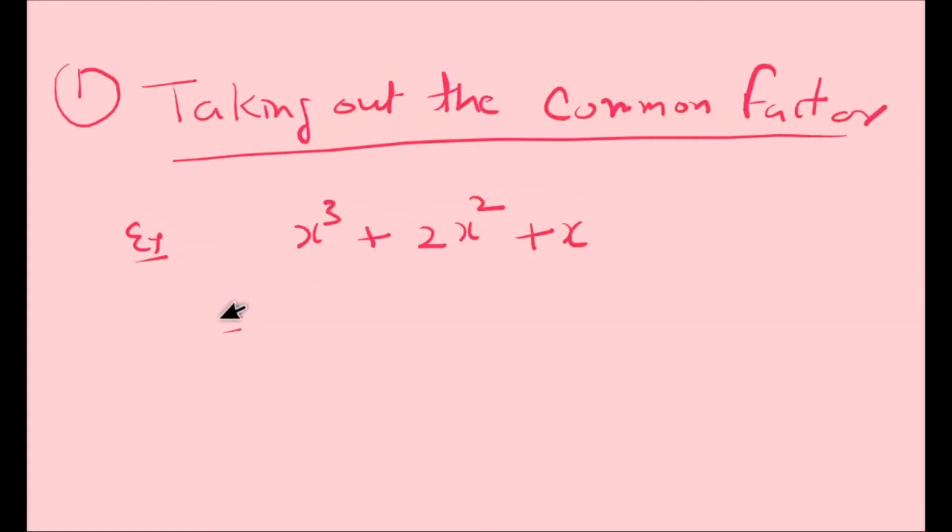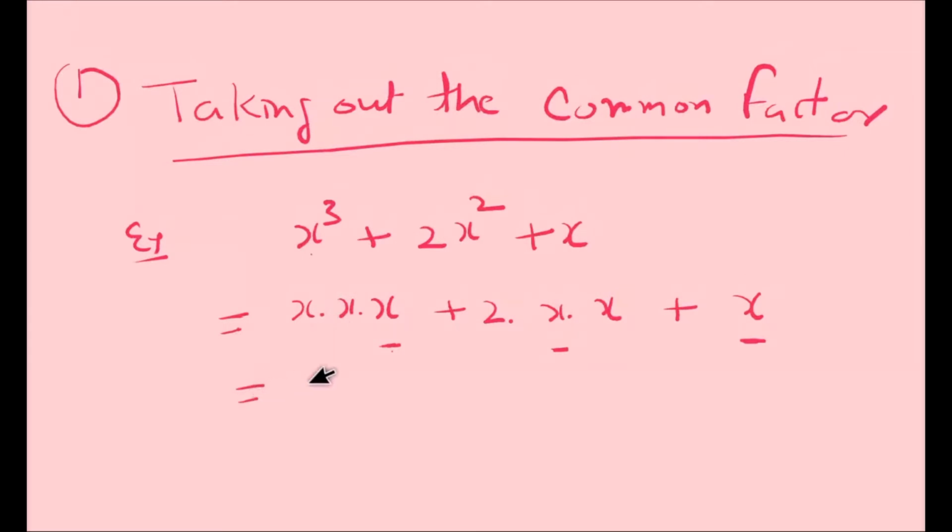Now we can see here x power 3. In exponents we have already described the meaning of base and index. So it means x is multiplied here 3 times, and 2 into x, plus x. So we see the power of x, 1, is in all 3 terms.